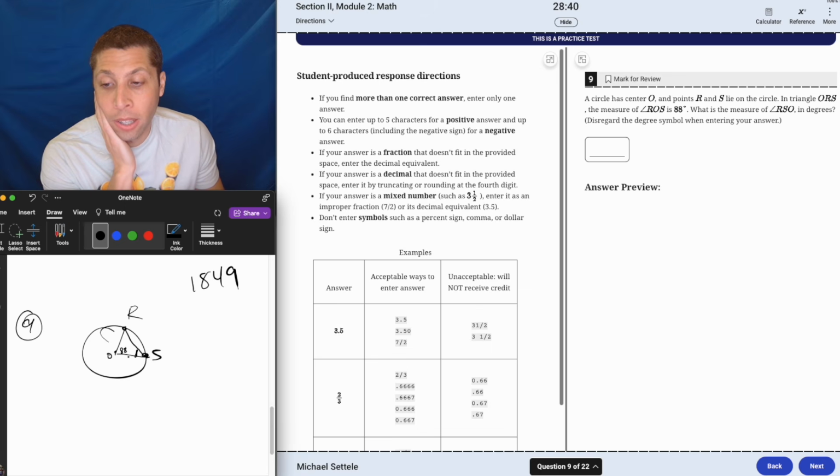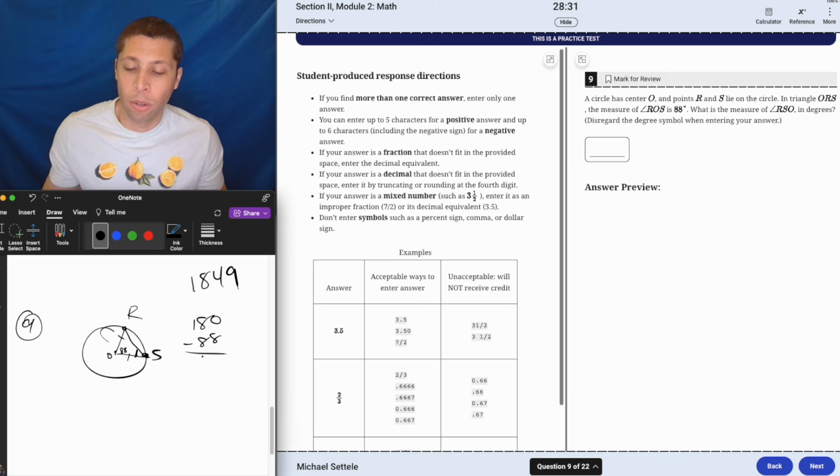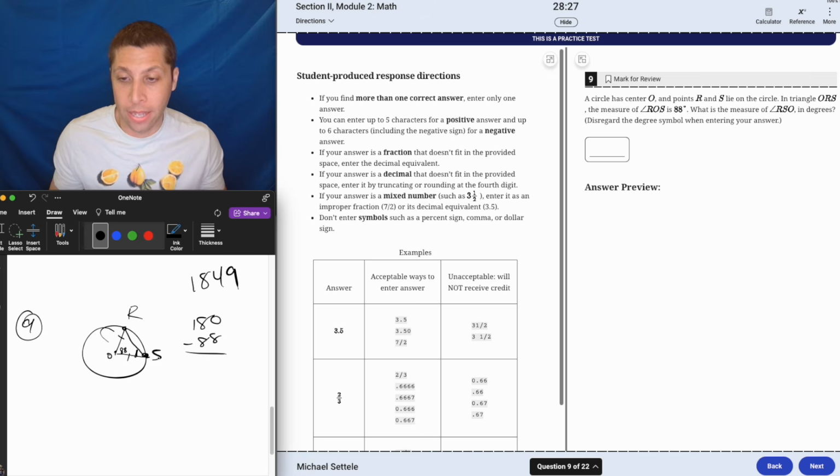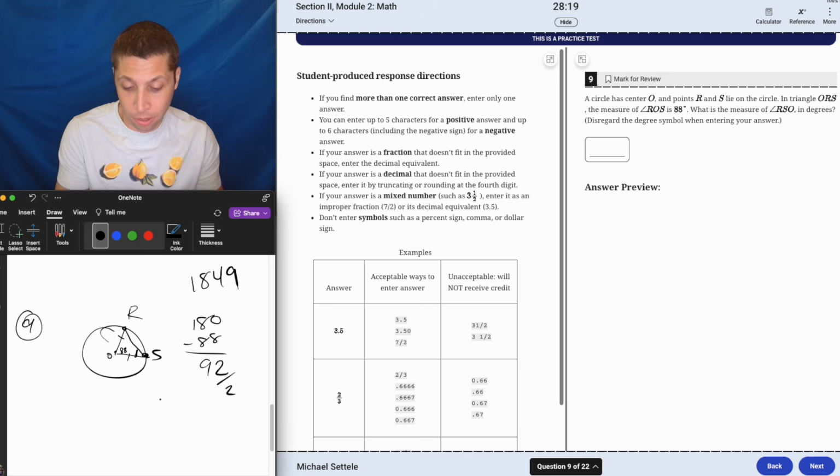So these are isosceles, because they're radiuses. So whatever that is, it's 180 minus the 88, which is 92. And then that is split in half because we have R and S. So divided by 2 is 46.